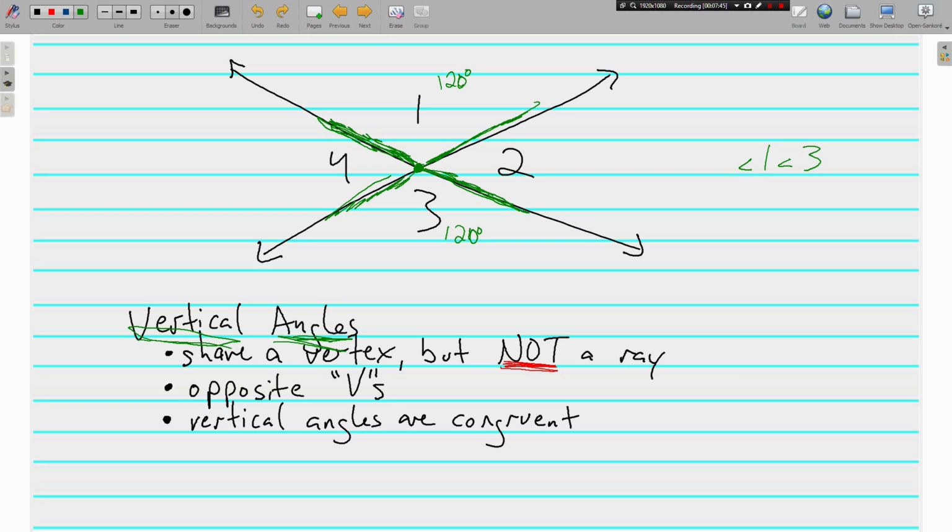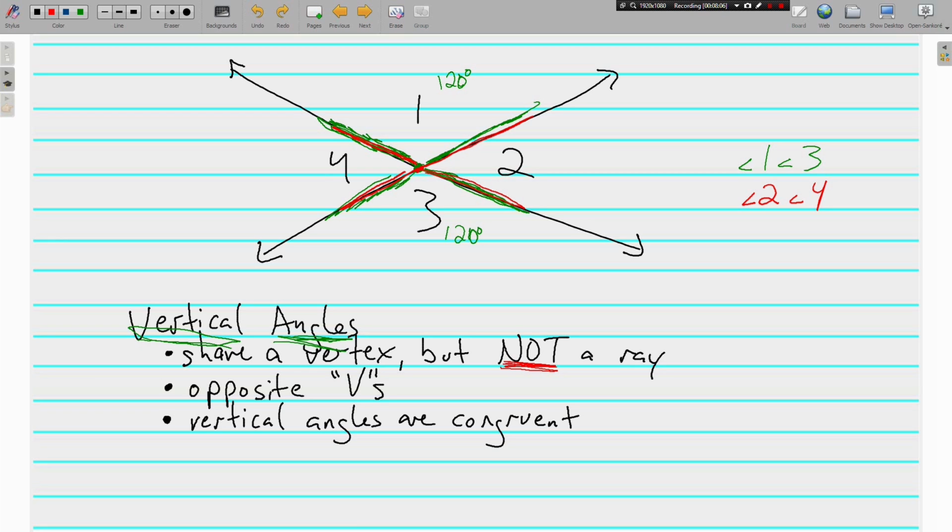The other pair of vertical angles, angle 2 and angle 4. Again, they share a vertex, but they do not share a ray. They make opposite V's.